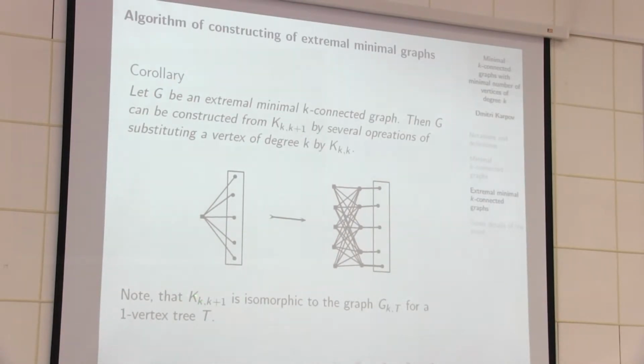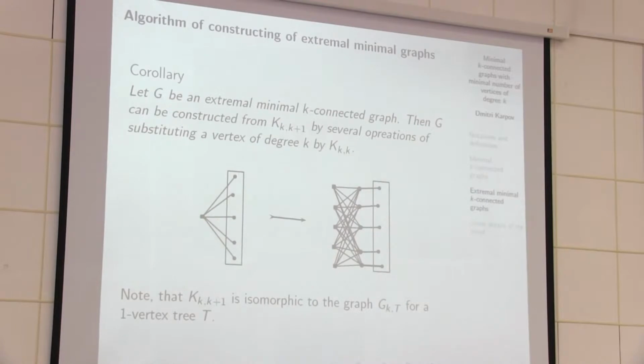Let me mention that this complete bipartite graph is a graph J_k(T) for a one vertex tree T. So we start with this graph, and this operation is an operation of adding a new pendant vertex to a tree. So the opposite operation is deleting a pendant vertex from a tree.